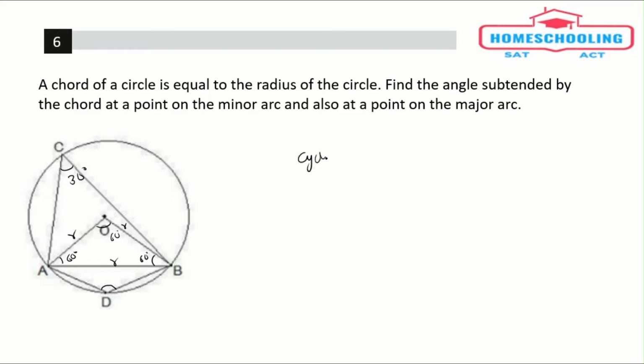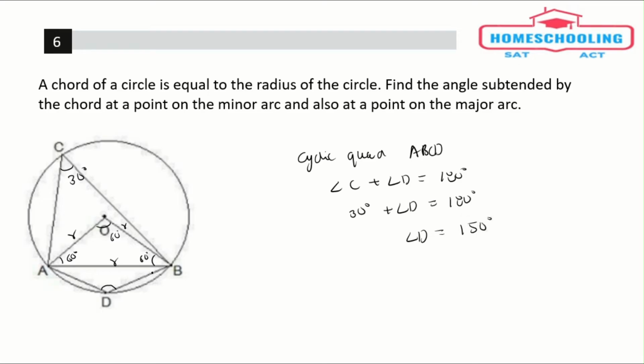So in cyclic quadrilateral ABCD, angle C plus angle D is 180 degrees. Angle C is 30 degrees, so angle D would be 180 minus 30, which is 150 degrees. So the angle subtended by the chord at the minor arc is 150 degrees, and at the major arc it is 30 degrees.